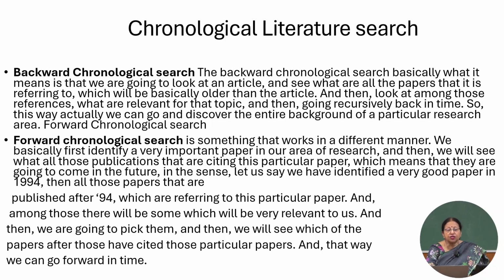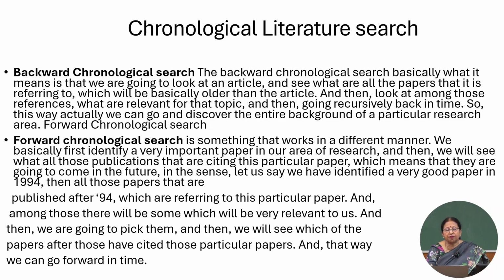Whereas forward chronological search works in a different manner. We first identify a very important paper in our area of research, and then we see which publications are citing this particular paper, which means that they come in the future. Let us say we have identified a very good paper in 1994.